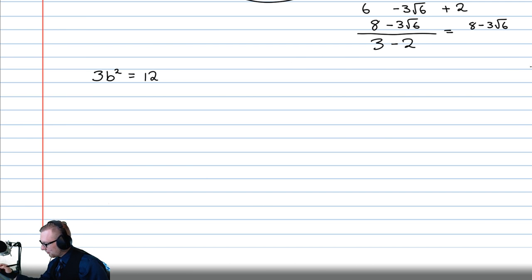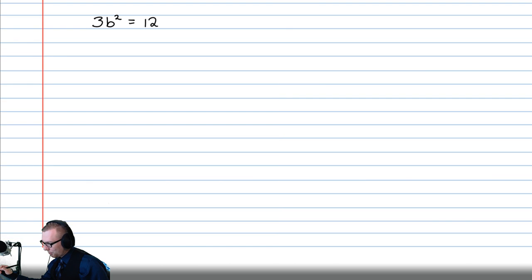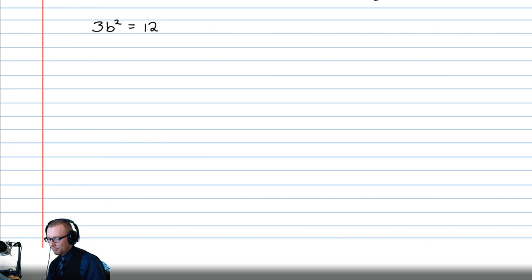So, I want you to factor this problem here: 3b squared equals 12. Okay, b equals 2. Well, the answer we know, obviously, by looking at it. But I want you to factor it.